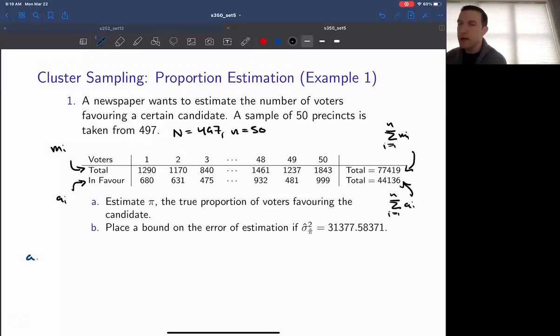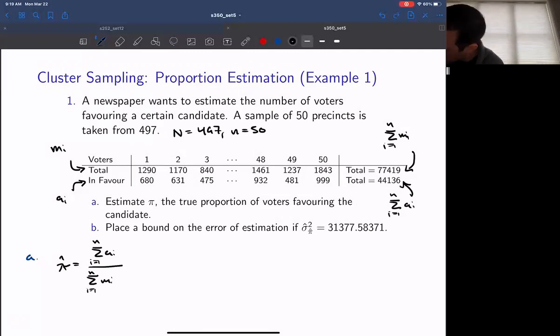All right, so in part A, when we're asked to actually estimate this value, we would have the following calculation. Pi hat is equal to the sum from i equals 1 to little n of ai divided by the sum from i equals 1 to n of the mi.